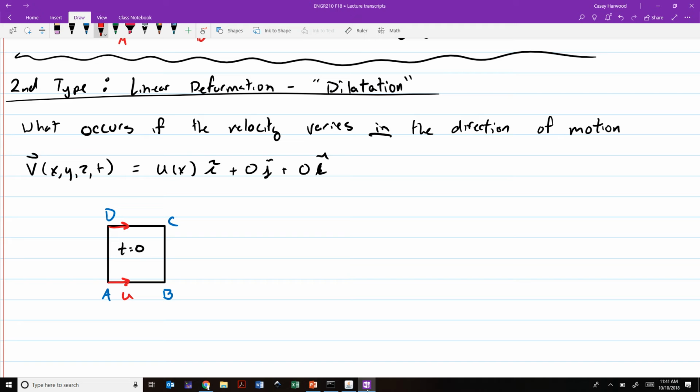Velocity at D is u because they have the same x coordinate. The velocity at C we might say is u plus du dx times delta x.